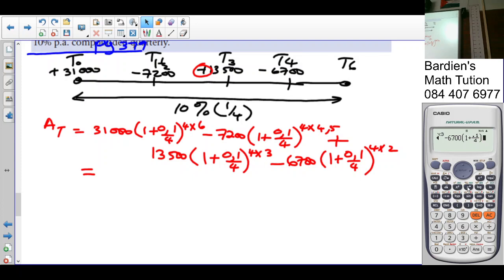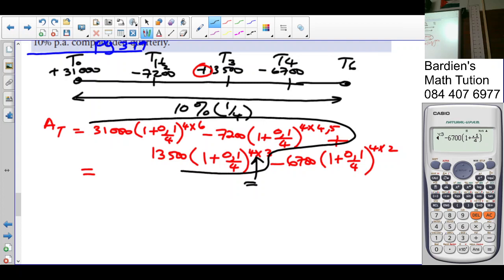Now you see I can't even enter this into the calculator anymore. Can you see that? So I need to press equal to at this point. By pressing equal to, I've calculated that. And then I'll take the answer minus this here.